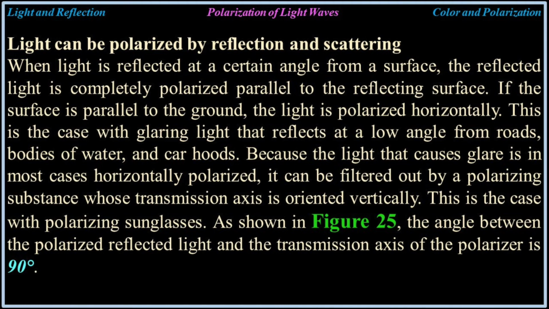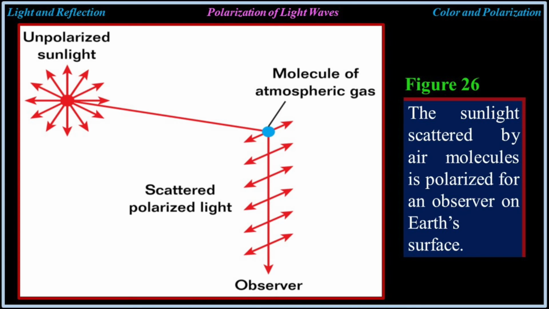This is the case with polarizing sunglasses, as shown in figure 25. The angle between the polarized reflected light and the transmission axis of the polarizer is 90 degrees.